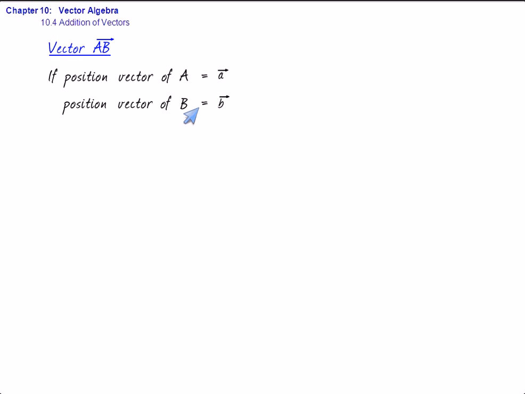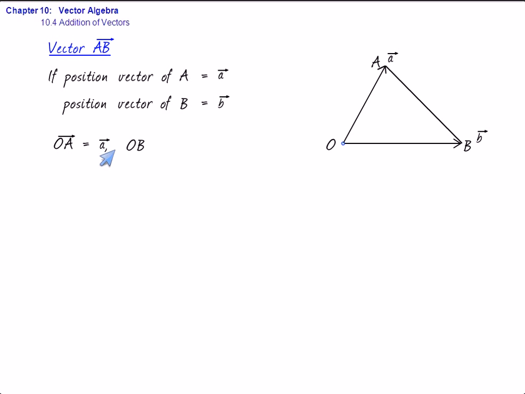Let A and B be two points whose position vectors are A and B, with reference to some point O. The position vector of point A is A, that means vector OA is A, and the position vector of point B is B, that means vector OB is vector B. Now, what will be vector AB in terms of vectors a and b?